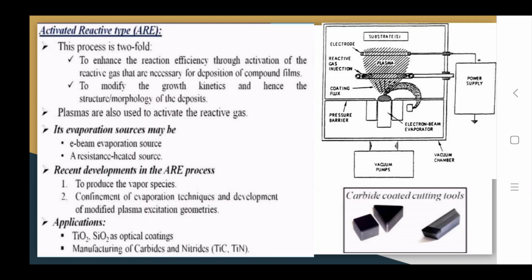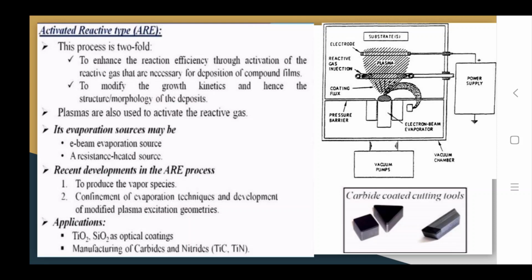So that is why we are dividing it into two parts. Plasma is also used to activate the reactive gas. The evaporation source may be either an electron beam or some kind of resistance heated source. Recent developments in this ARE process are to produce the vapor species, confinement of the operation technique, and development of modified plasma excitation geometry.